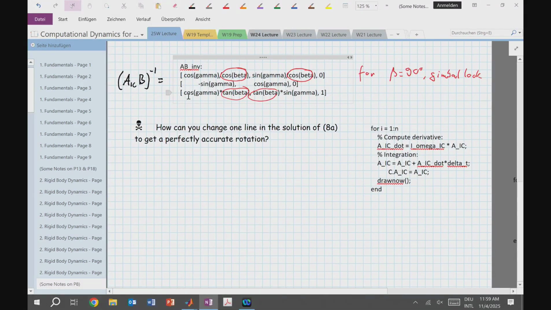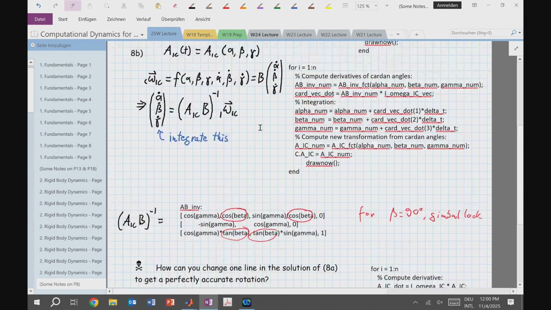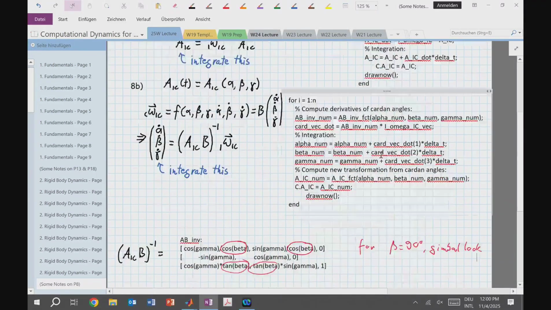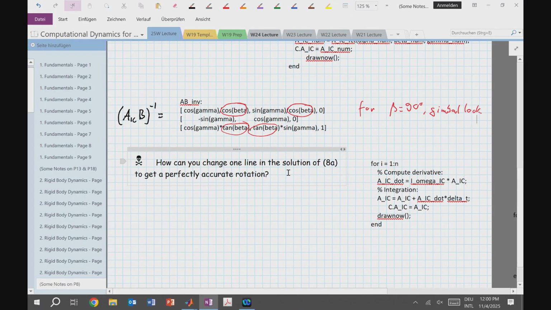What will we do? And there was this question at the very end, right? How can we change a single line here such that we get a perfectly accurate rotation? Right, so there's a little trick that we can do. Did anyone get the solution? Anyone has an idea? You got some?